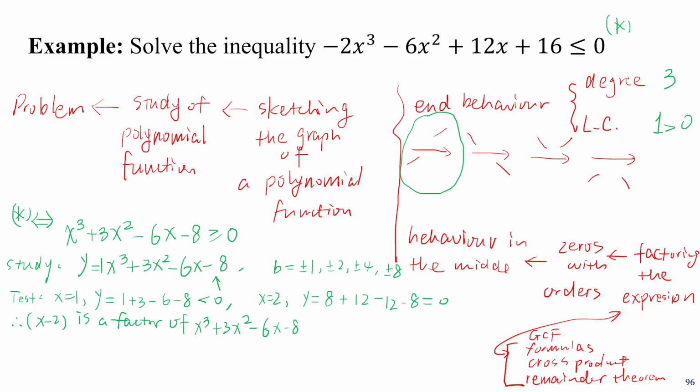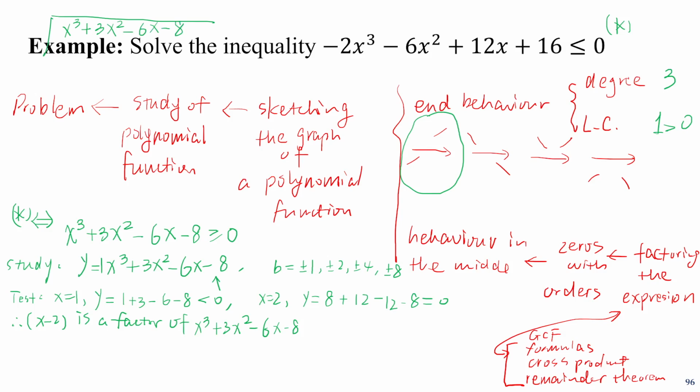So how do we find the other factor? We need to use long division to find the other factor. So I'll write it here. We have x cubed plus 3x squared minus 6x minus 8.